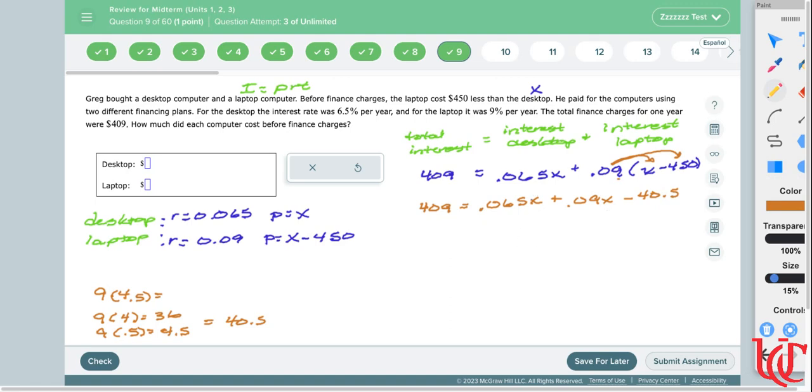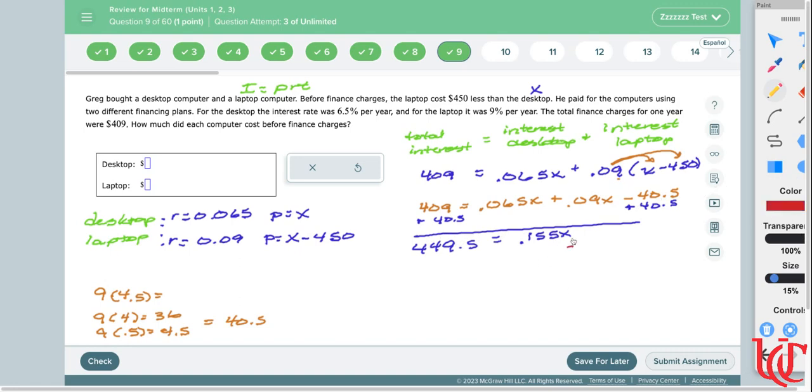Then we're going to get things together, combine like terms, get the numbers on the other side. These two become 0.155x. And then I'm going to add the 40.5. That is going to give us 449.5 equals 0.155x.